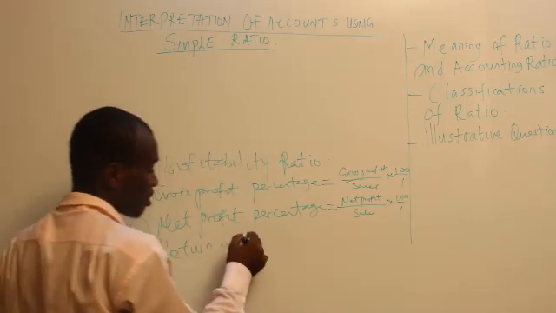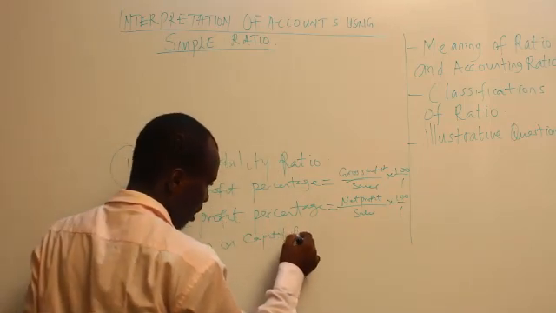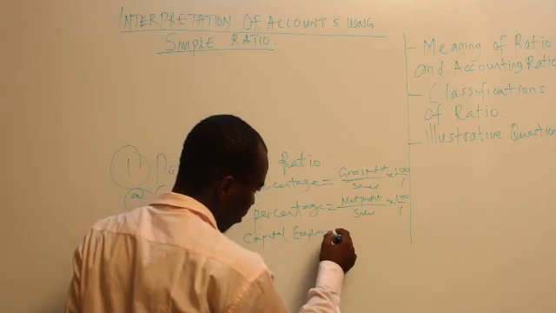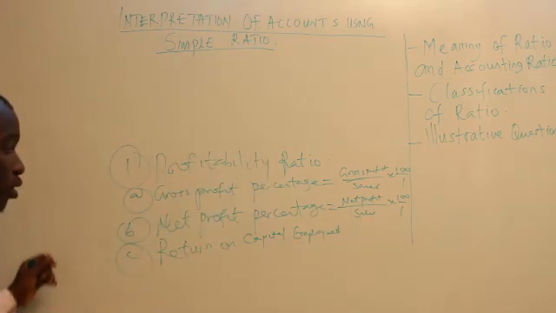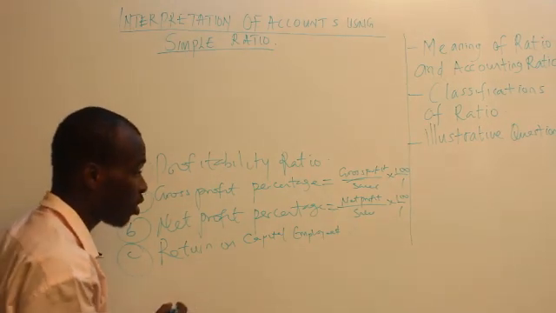Now return on capital employed. So that gives us the return on all of the capital of the proprietor employed.